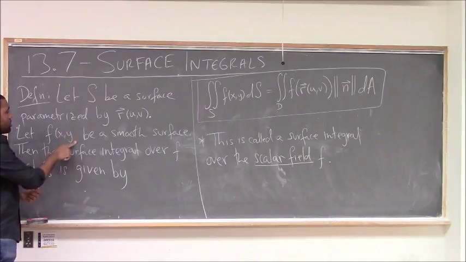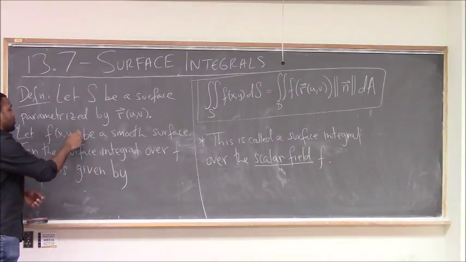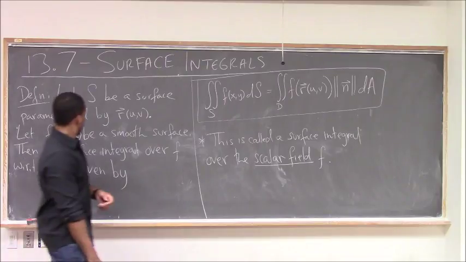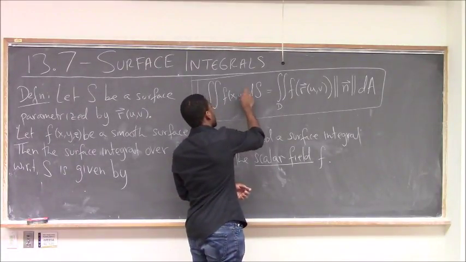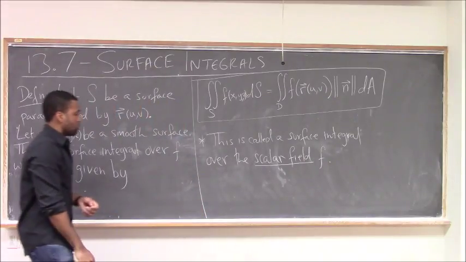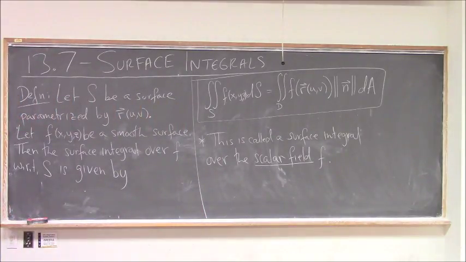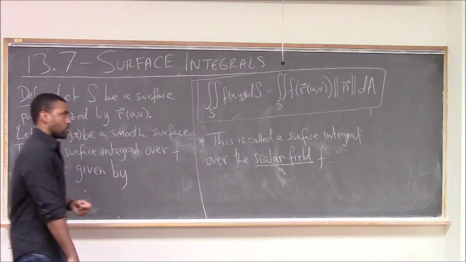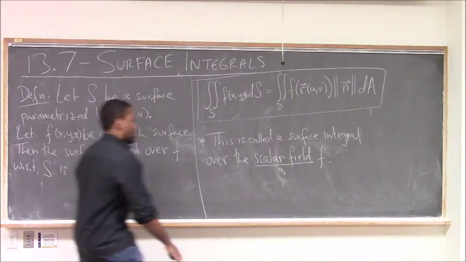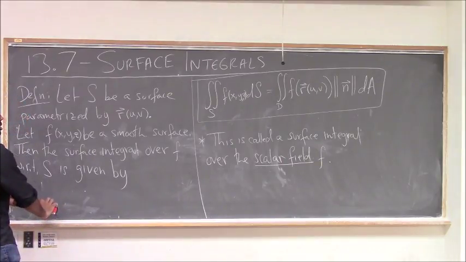I think you can have a third variable here, because we're often going to think of this happening in 3 space. So it's a 2-dimensional surface, but we're looking at it in 3 space. Let's continue.